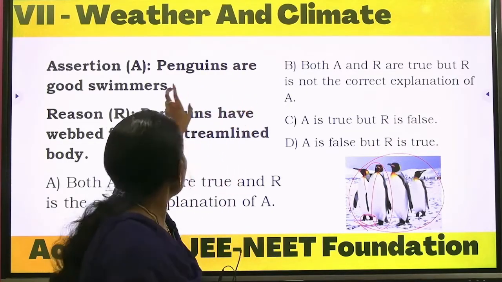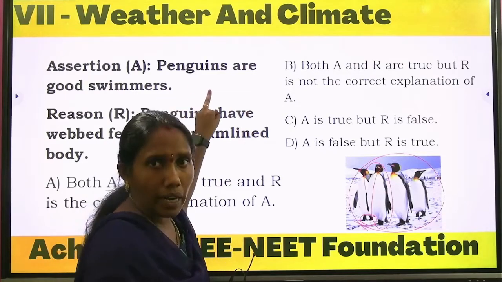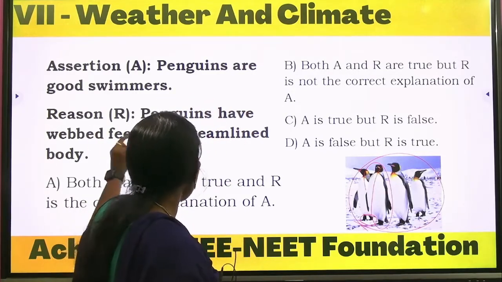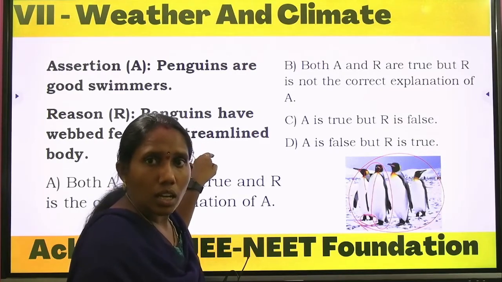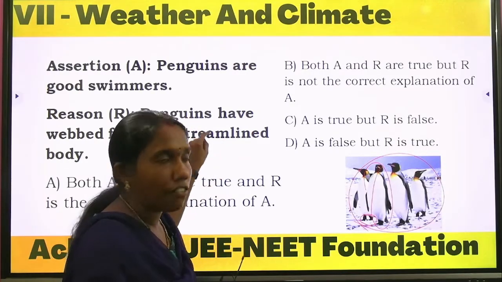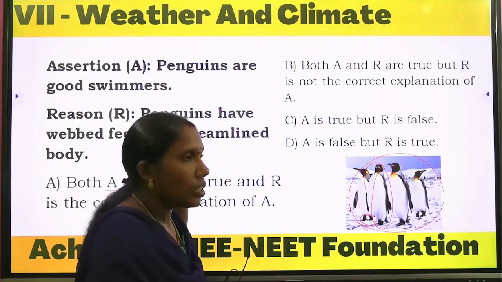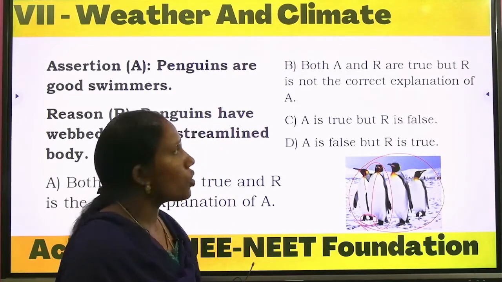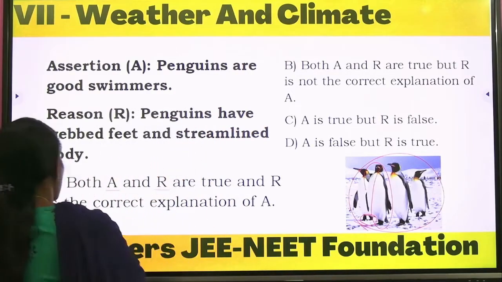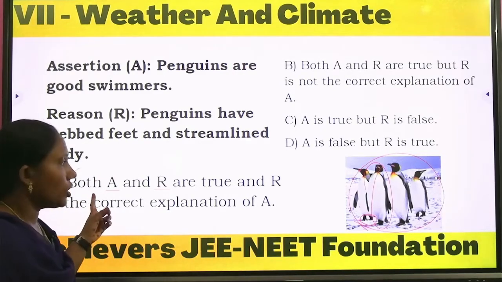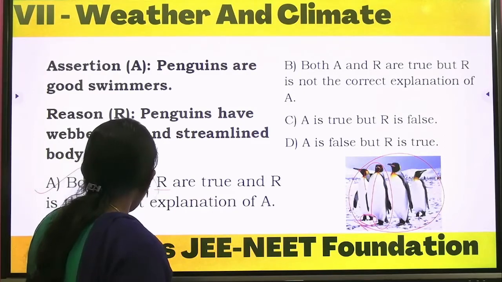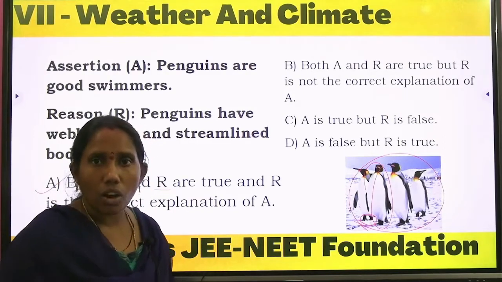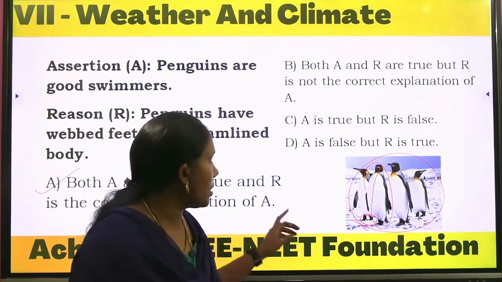So I will go with the first option: both A and R are correct and R is the correct explanation of A. Okay. Is it clear? Right.